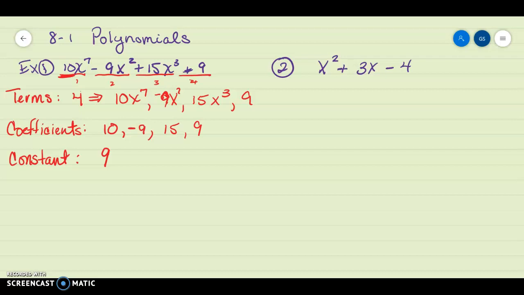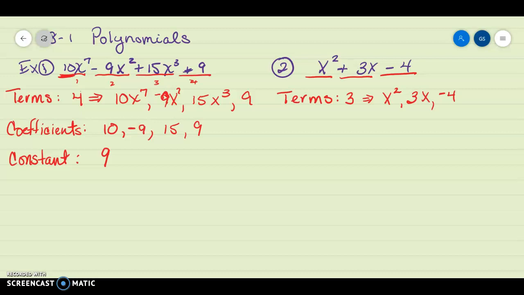We want to name the terms, how many there are and what they are. There are 1, 2, 3 terms here, and those terms are x squared, 3x, and negative 4.